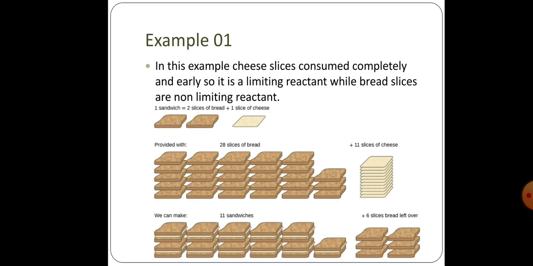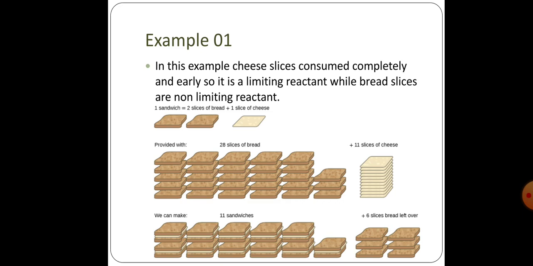For example, if we want to form sandwiches, then we require bread slices and cheese. Suppose we are provided with 28 slices of bread and 11 slices of cheese, and we know that one sandwich requires 2 bread slices and 1 cheese slice.